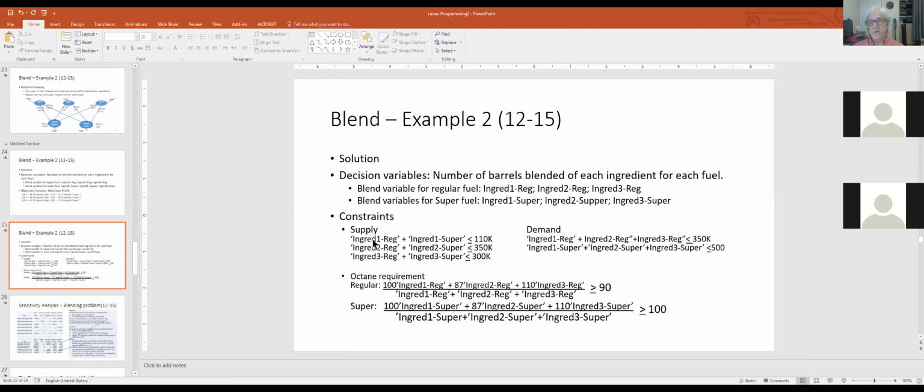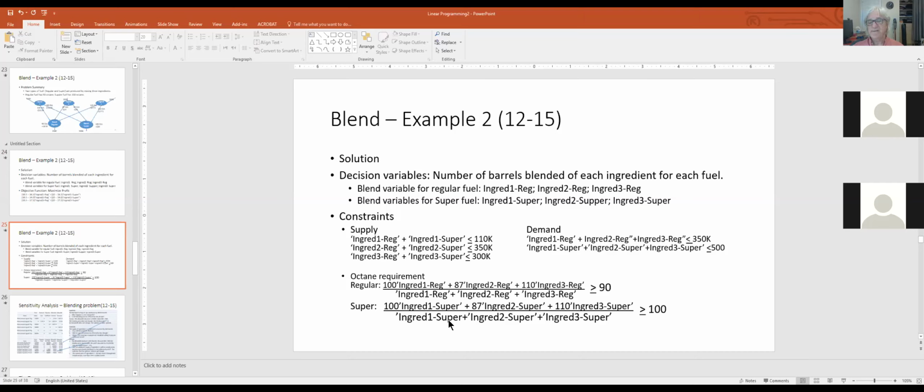So when you add what you use of it to sell as regular and add to this what you sell as super, those together cannot exceed 110, and the other 2 are the same. And here you add the ingredient 1 regular upon ingredient 2 regular and 3, that's the mix. For regular gas, cannot be more than 350 barrels because that's the maximum demand.